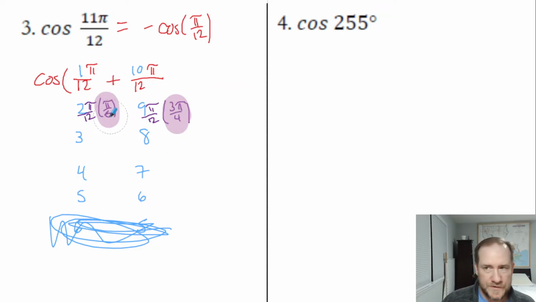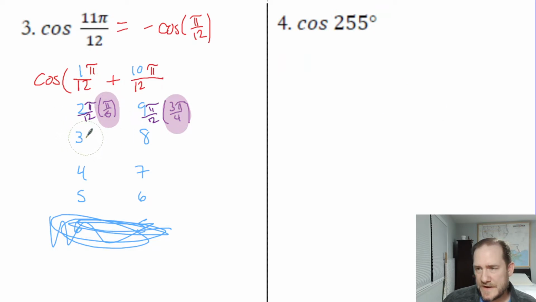Pi over 6 is a 30-degree reference angle, so we would be able to evaluate there. And 3 pi over 4 is a 45-degree reference angle. It's just over in quadrant 2, but would be able to evaluate there. So that would be great. Notice the first one though is very bad. 1 pi over 12 we can't evaluate. That's a 15-degree reference angle that we don't actually have the value of memorized. Now we could find it, but too much work.